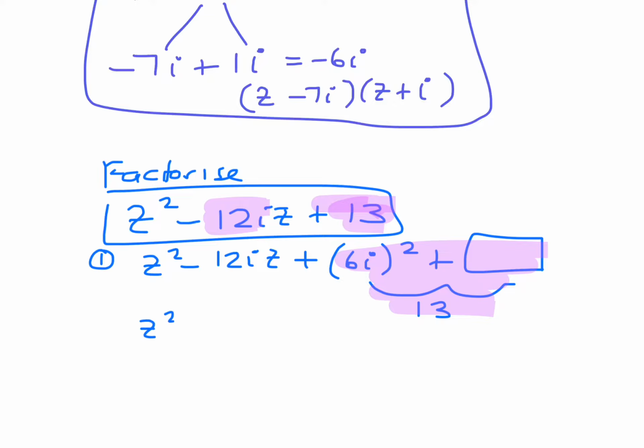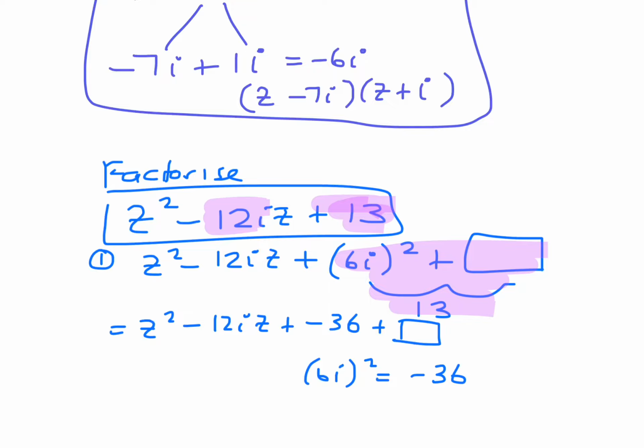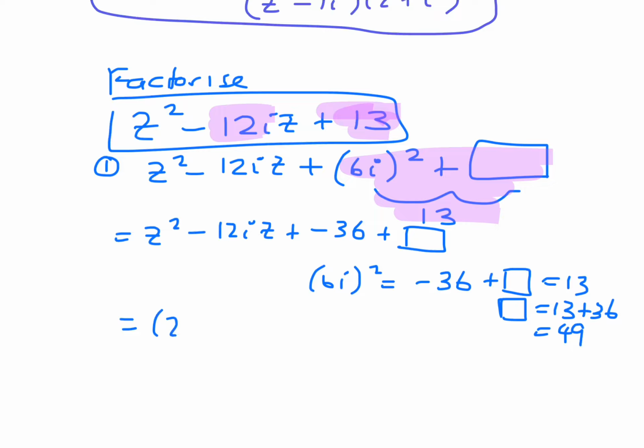Okay, so you get z squared minus 12iz plus, now 6i all squared gives you minus 36. So it's minus 36 plus what will give you 13. So minus 36 plus what gives you 13. So if you go 13 plus 36, which is 49. So we're going to write this now as a perfect square.